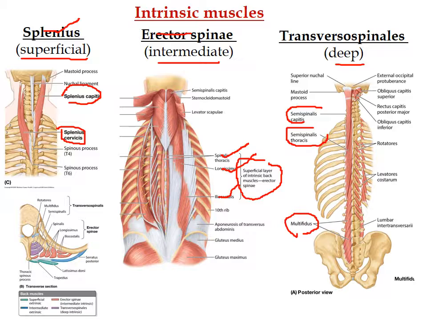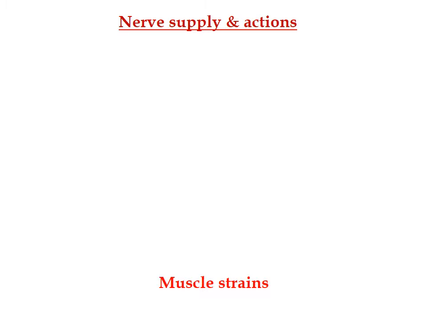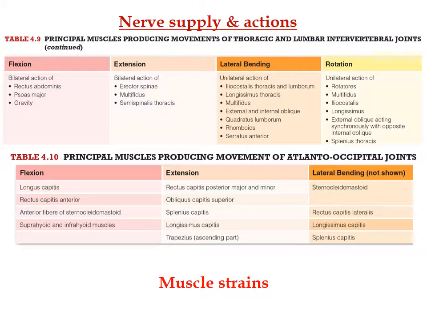All these intrinsic muscles, as I already told you, control vertebral column movement and posture. They permit vertebral column flexion, extension, lateral bending, and rotational movement. What you see here is the overall summary and the muscles responsible for each movement in the vertebral column.